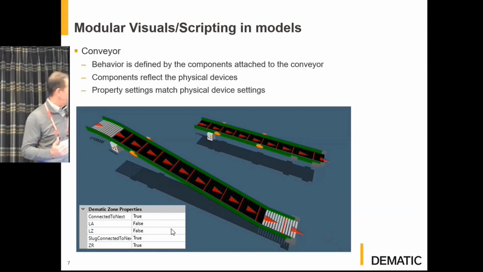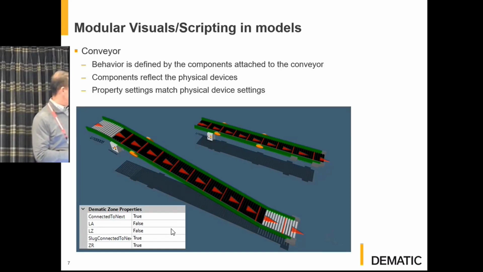And then on the discharge end, we have those relay cylinders, which are release points or release control modules. So we build a conveyor and we can just drop on the components we have. We don't have to change any scripts. They just work now as a model.